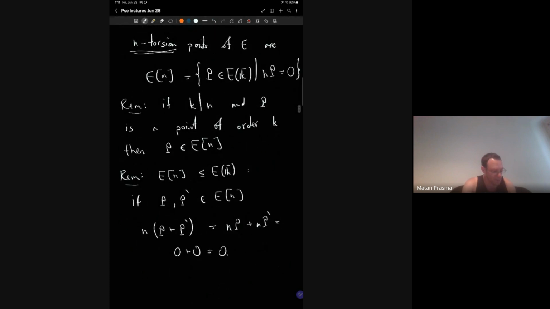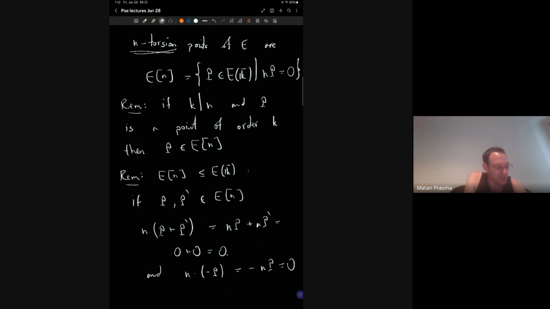And similarly, if I do n times minus P, I get minus nP, which is O. And so the n torsion points are a subgroup of E(K bar).